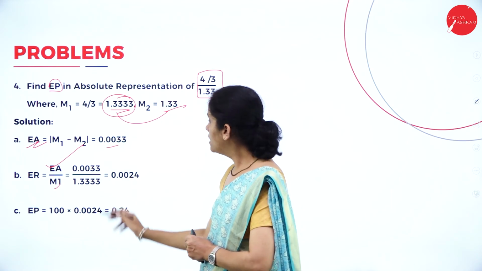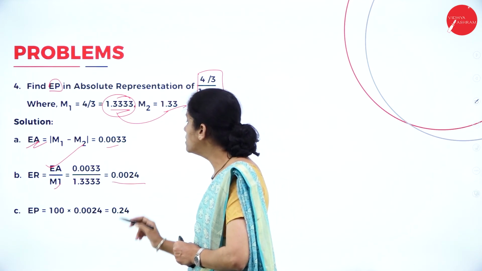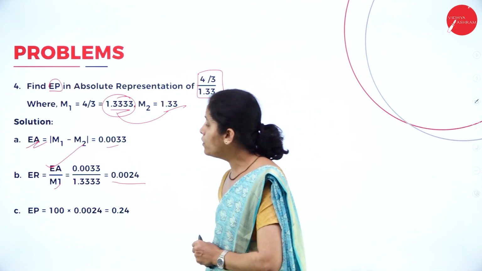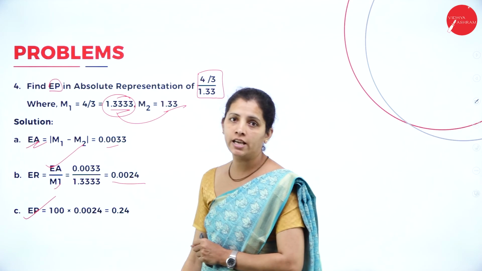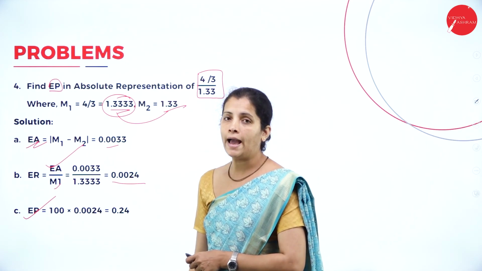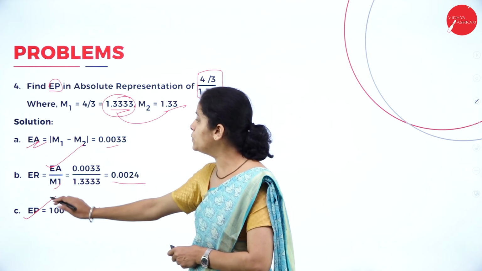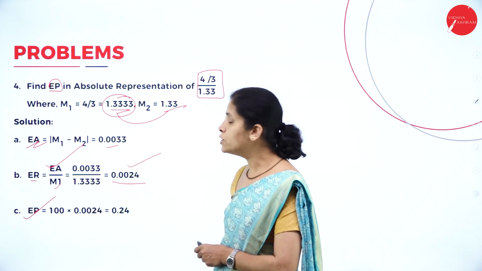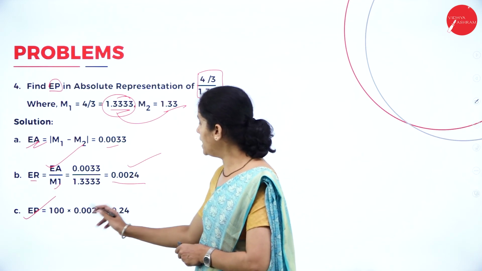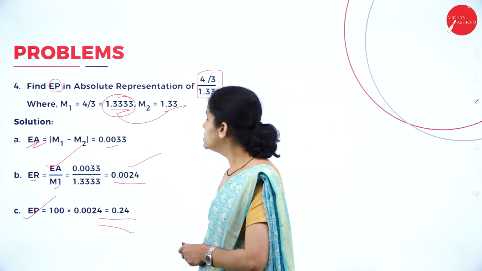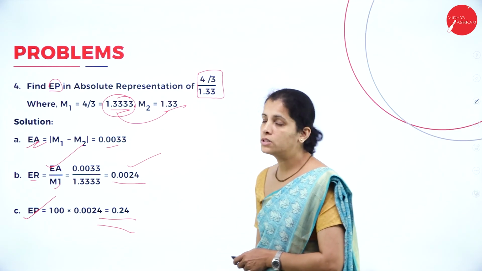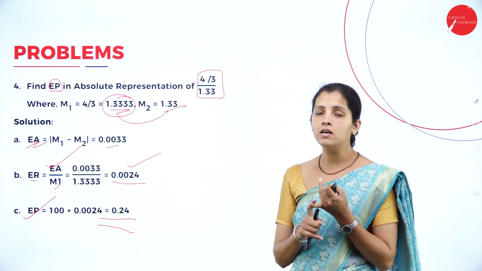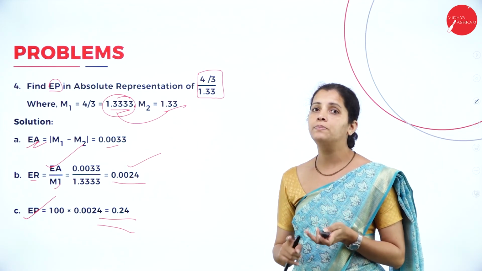And when I divide, I'm going to get 0.0024. And at the end, I want to find out percentage error. The formula is 100 into ER. ER is 0.0024, and when I multiply, I'm going to get 0.24.